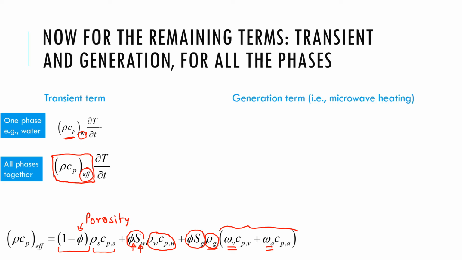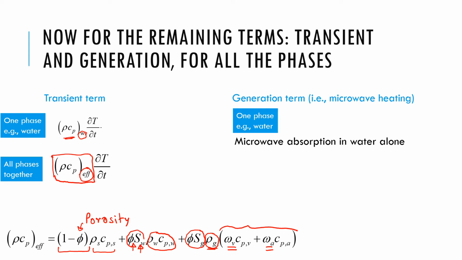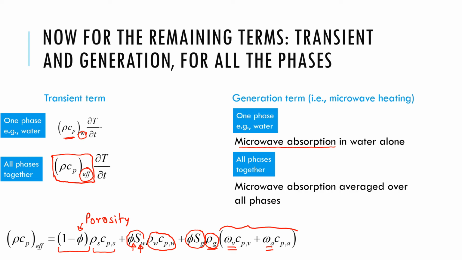For the generation term, for one phase, if it is just water, then, let's say microwaves are absorbed in water alone. If we think in the context of microwave heating, then the term for water would only have the microwave absorption for water. For all the phases together, it's the microwave absorption averaged over all phases.